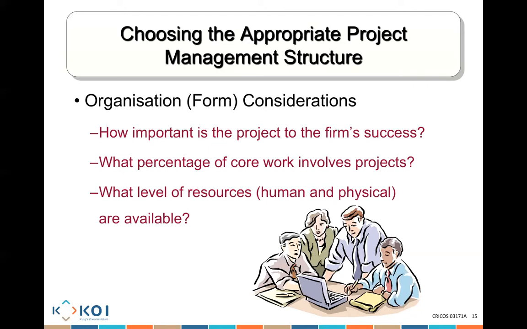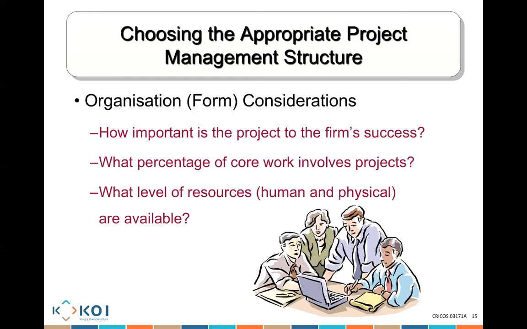Second question is, what percentage of our core work involves projects? Sometimes a lot of our work involves projects, sometimes it's not. And based on that, that's one of the considerations you use to decide whether you're going to go for a totally functional structure or matrix structure or projectized structure.